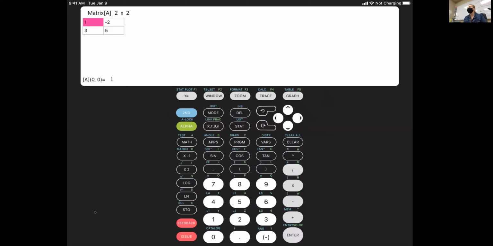Once you get done, though, it spits you back to the beginning to keep editing it. Don't do that. You can just press second mode and then get back in. Second, x to the negative first. So now I want you to go do B. Edit B to be 6, 3, 0, -4.